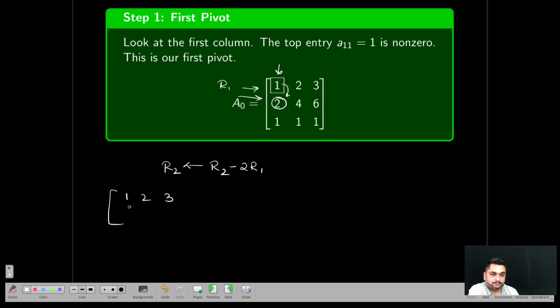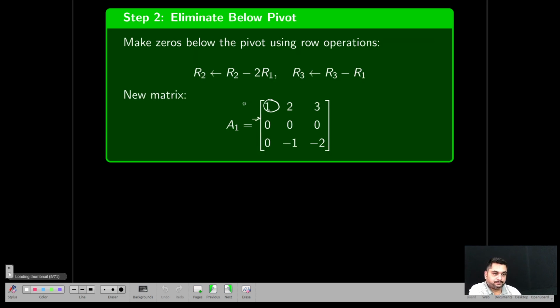R2 will become R2 minus 2 times R1. So 2 into R1, that is 2. So we observe here, this will become 0. This will remain the same. Okay. Now, similarly, to perform it on R3.